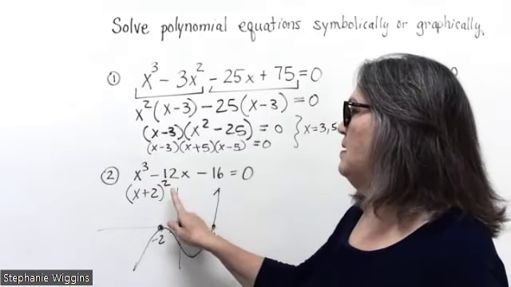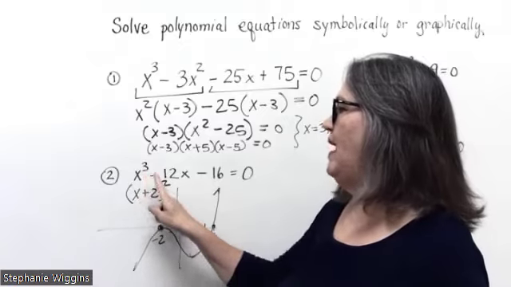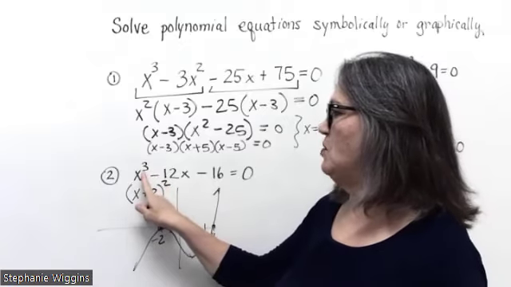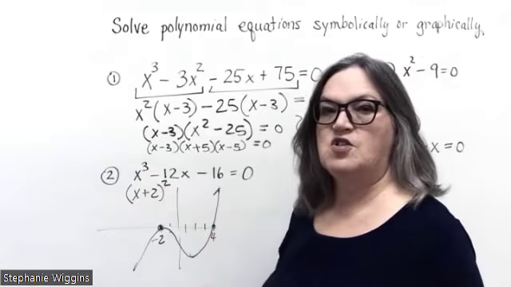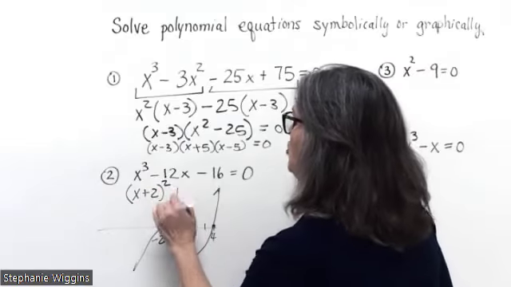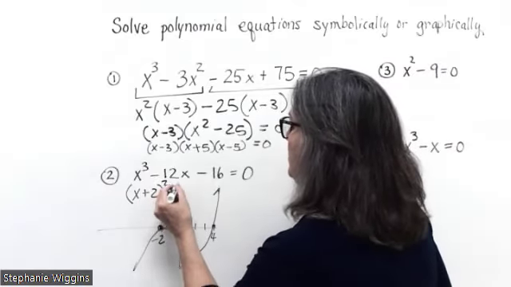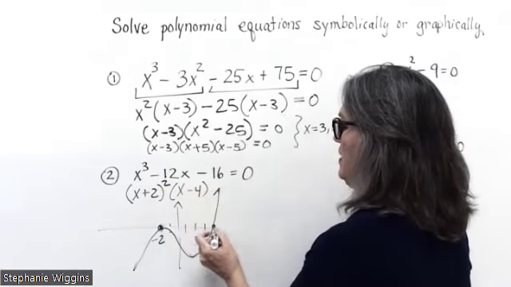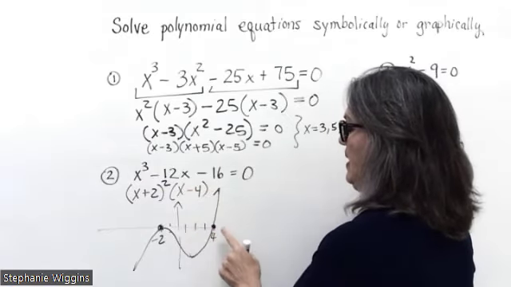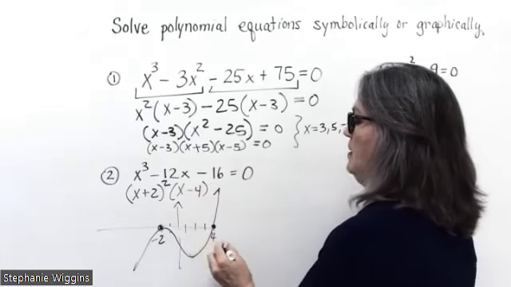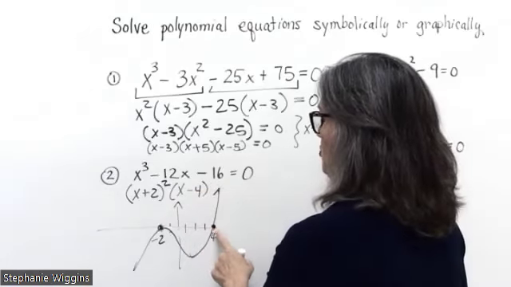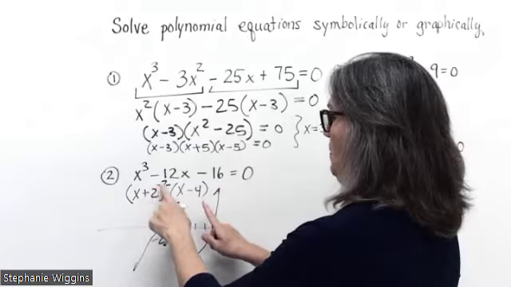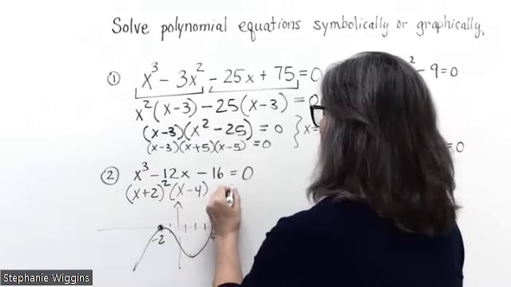It can't be 4, it has to be 2, because our degree is 3. The multiplicities add up to your degree. This one is x minus 4, because it has 4 as an x-intercept and it passes through, so it has odd multiplicity, and that's as high as we can go, because the degree of the polynomial is 3.